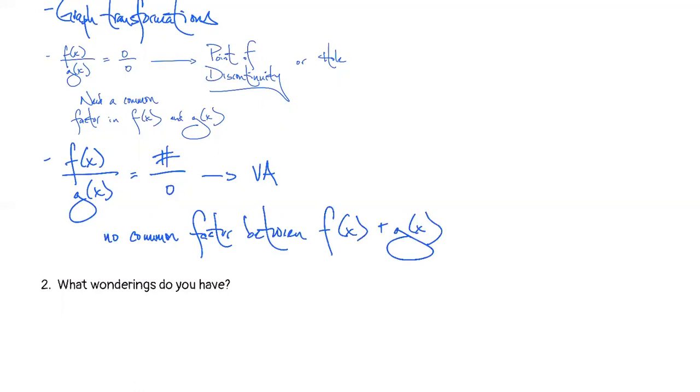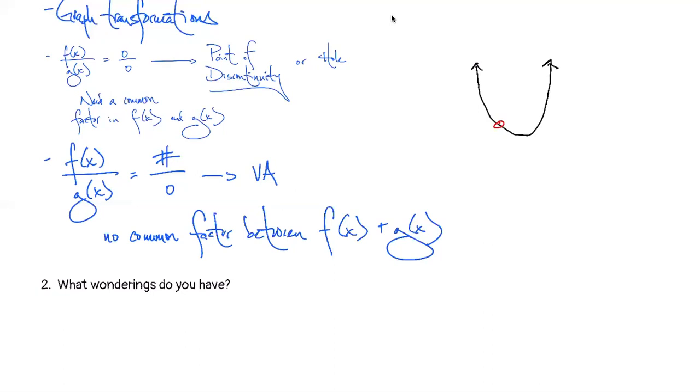Okay, so I think you saw a graph that maybe looked like a parabola, but then there was actually a point missing from the parabola, right? That would be an example of a place where there was a common factor in the top and the bottom, and that's how we ended up with the hole there.